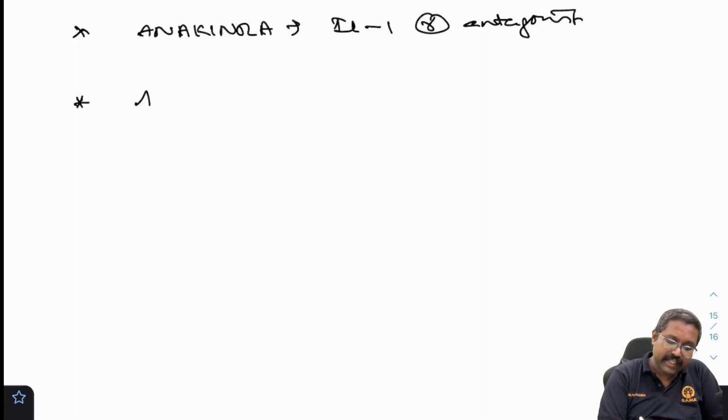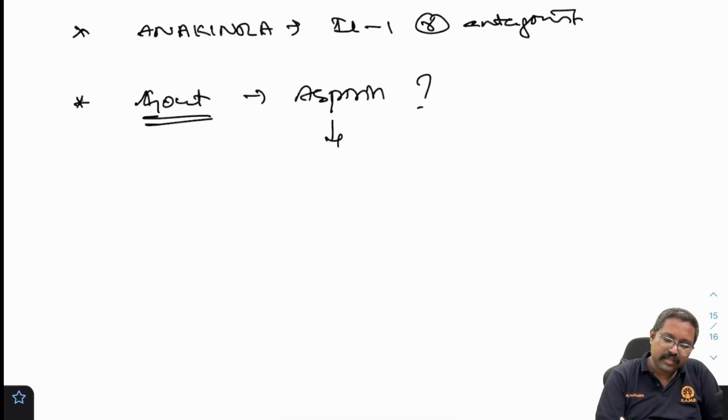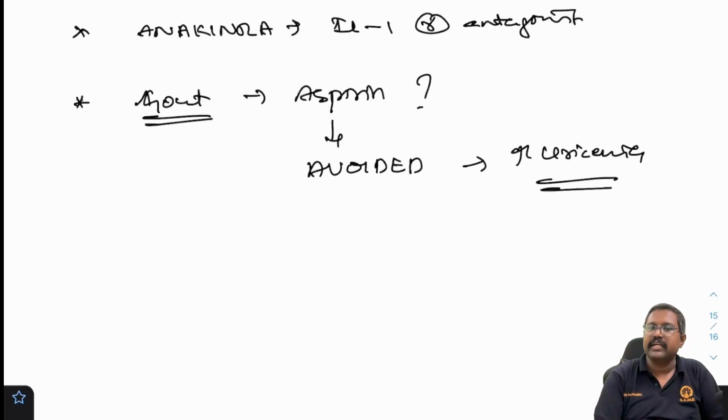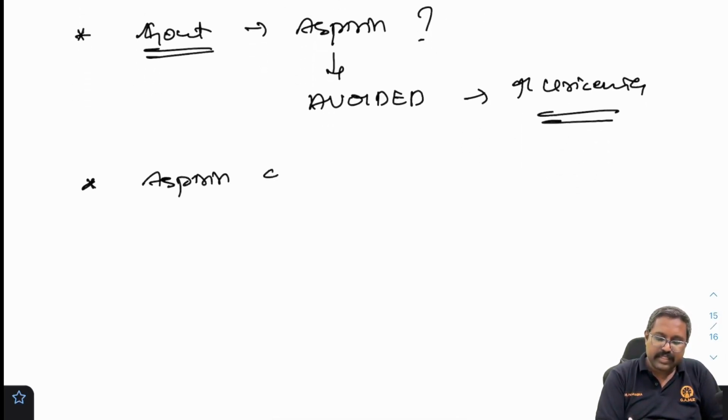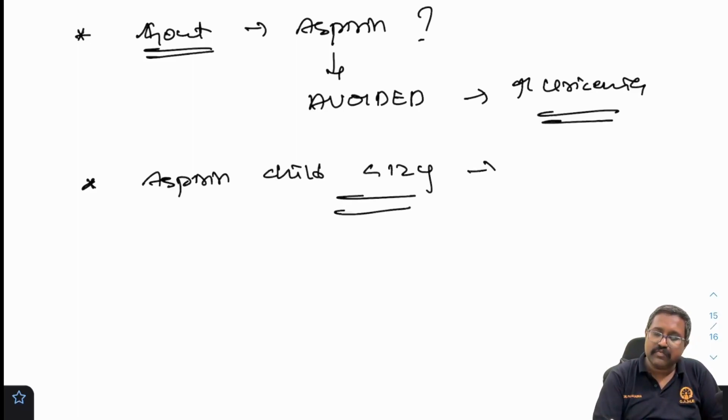And also one should remember that in case of treating gout, in a gout patient, can we give aspirin? Aspirin is avoided because it causes hyperuricemia at therapeutic doses. If aspirin is given to children less than 12 years of age, what is the syndrome which is associated?